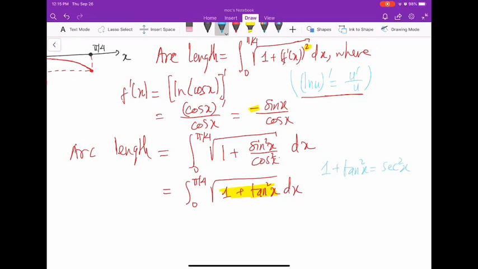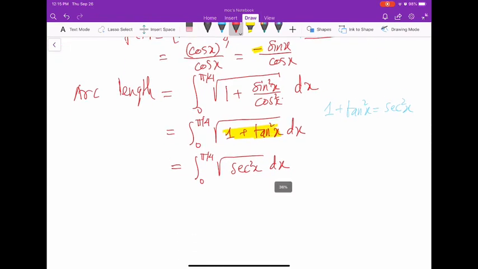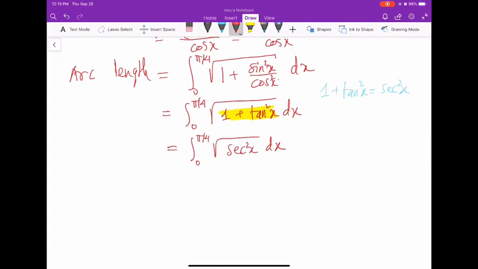1 plus tangent square is just secant square. So I will rewrite this integral as 0 to pi over 4 of square root of secant square of x dx. Here, square root of secant square, I need to write separately, right? Because that is a common mistake. When you have square root of secant square of x, that will be the absolute value of secant of x. So we cannot write just secant of x, right? But what is the absolute value? The absolute value function is positive when the inside is positive, and negative of that guy if the inside is negative.